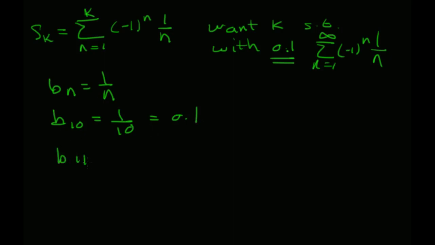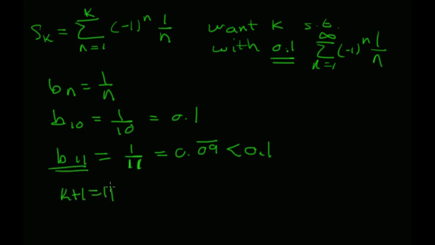So if I go to the 11th, I get 1 over 11, which is 0.09 repeating, which is definitely less than 0.1. All right, so if I bound the error by the 11th term, which means that k plus 1 is 11, this implies that k equals 10.